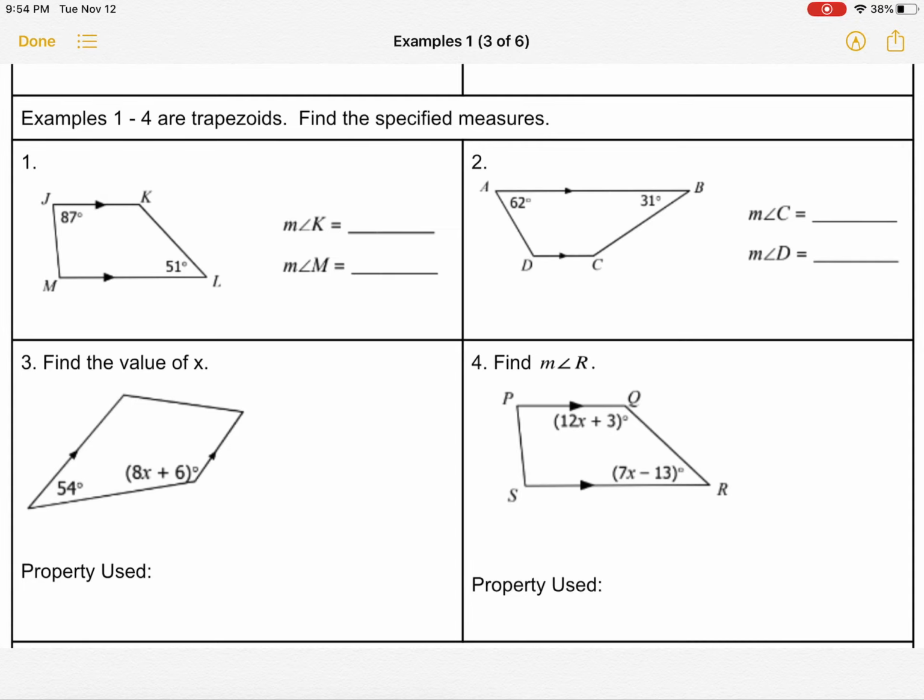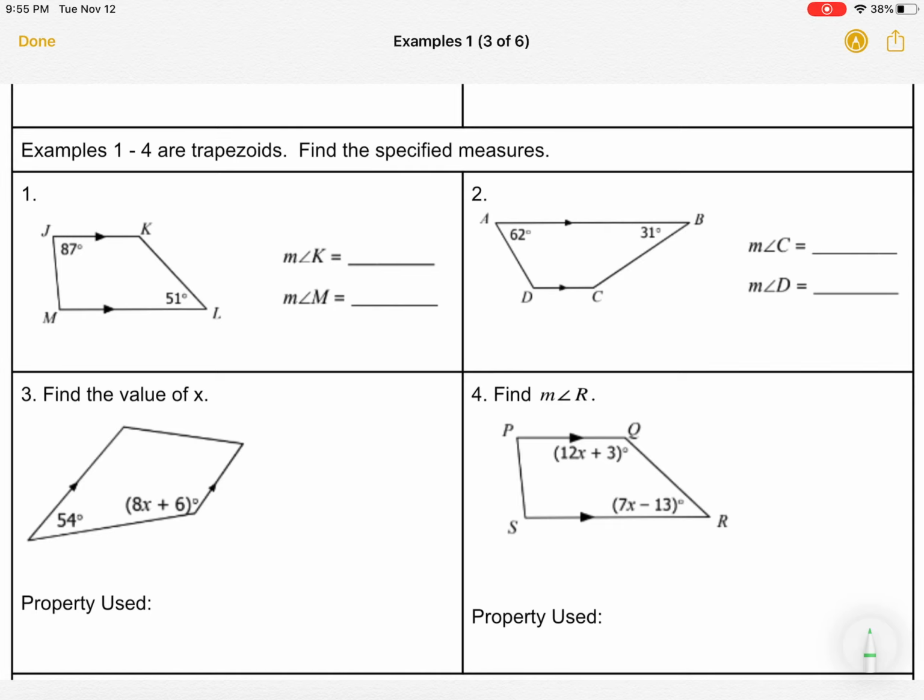Okay, so we have these examples now. So to find K, so L and K are obviously not the same, but they do add up to 180. So you could do 180 minus 51 to find out that K is 129. Same idea with J and M. So 180 minus 87, which would give you 93.